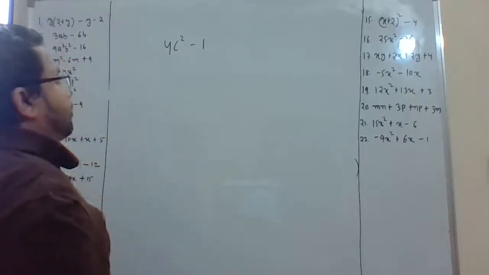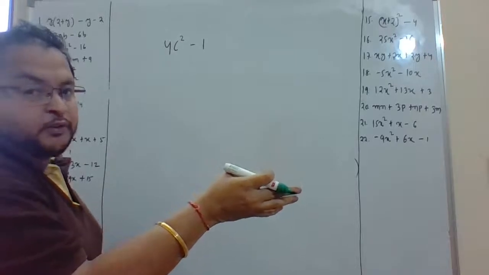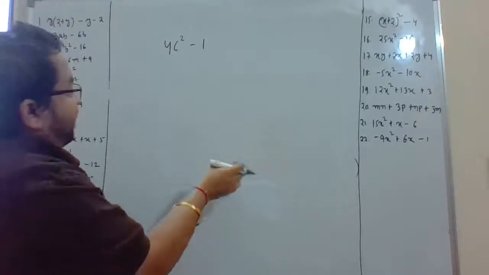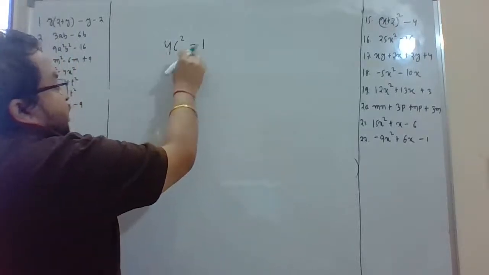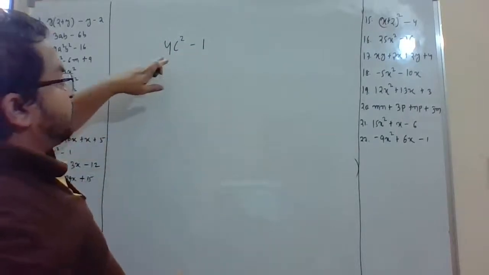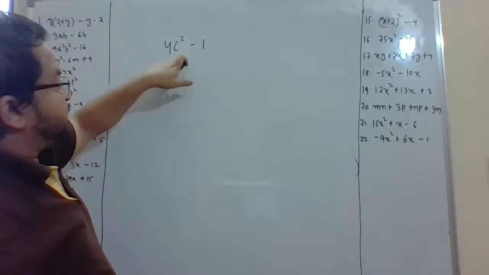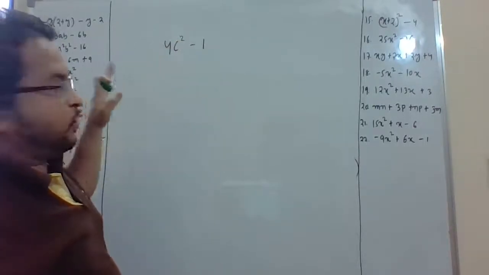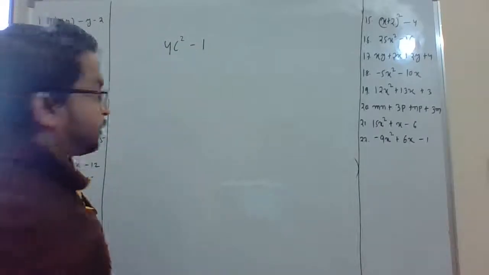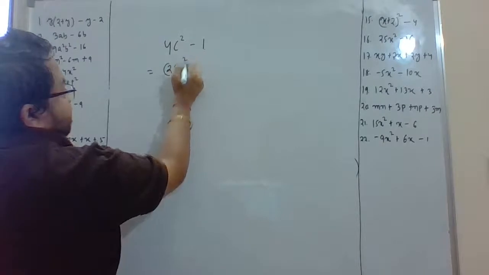The answer is no. But I have said just before that if the term associated with your variable square is a complete square, and the other one is a number, very easily we can express it as a difference of squares.